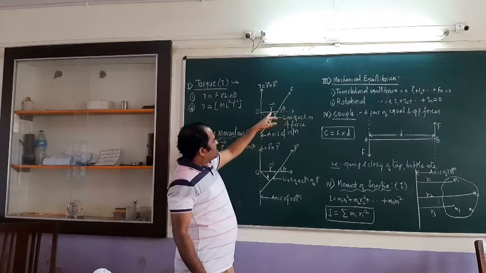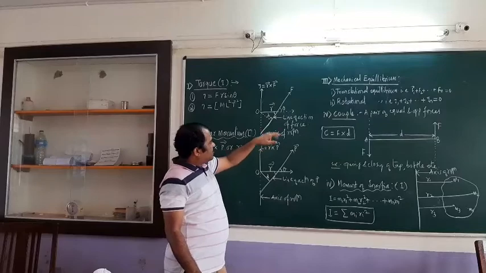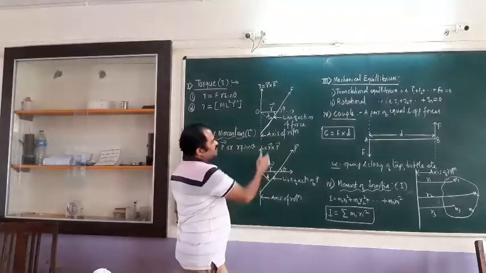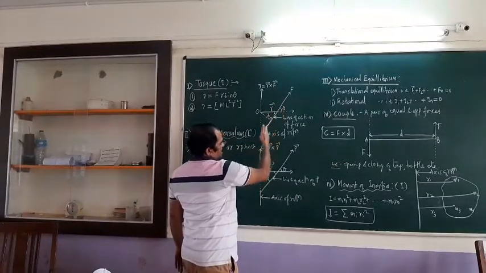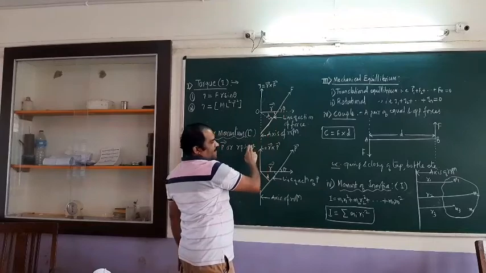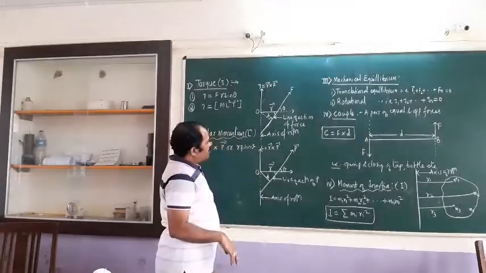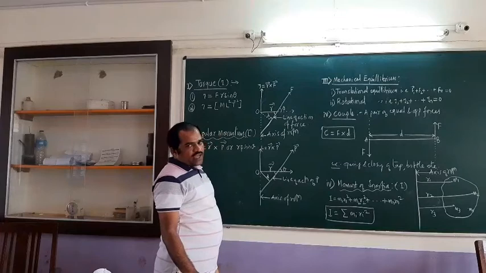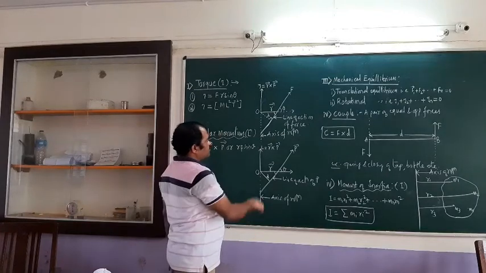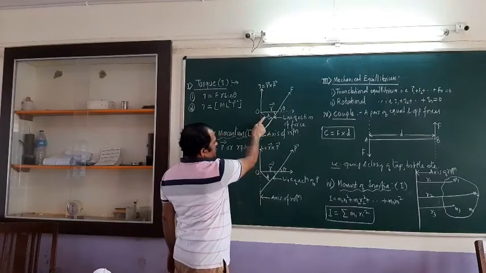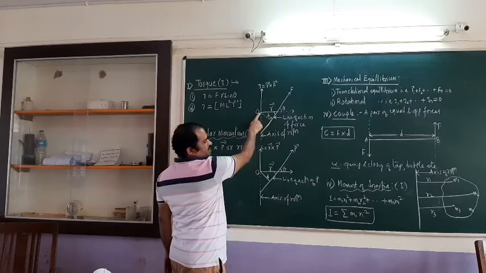Now what is the line of action of the force? This is the line of action of the force, and we need the perpendicular distance from the line of action of the force. What is the perpendicular distance? d is the perpendicular distance from the line of action of the force to the fixed point.